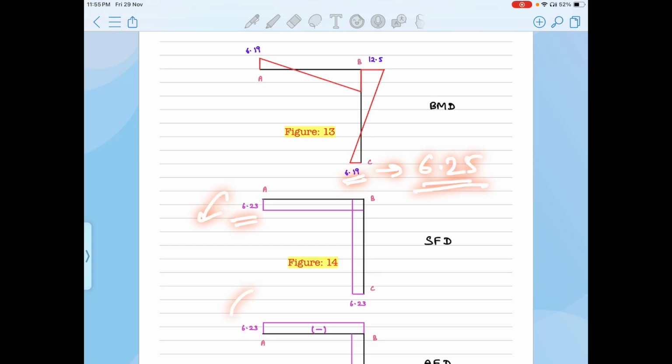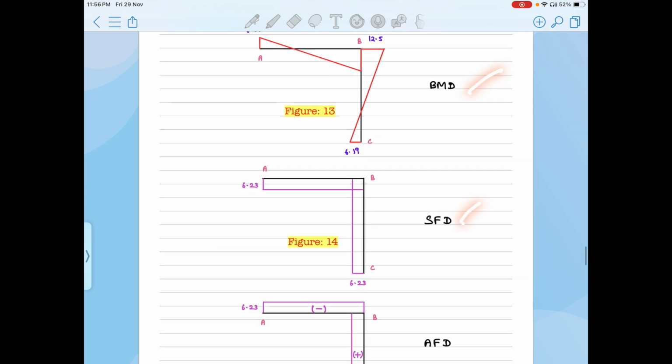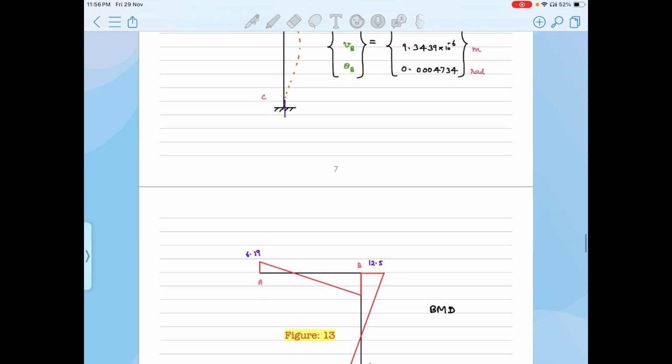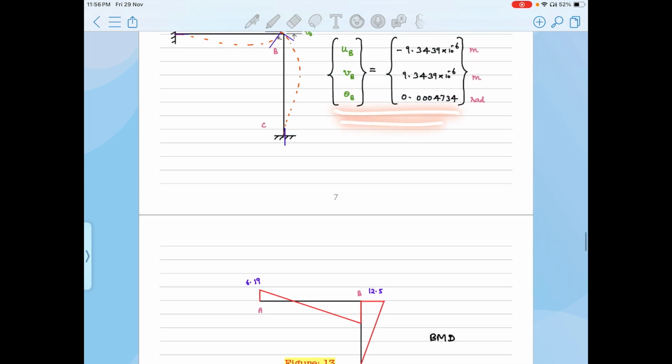Similarly, these are contrasted with again a value of 6.25, while here we get 6.23. So the bending moment diagram, shear force diagram, and axial force diagram don't differ much when we contrast them with the case wherein we ignore the axial deformations, including the rotation. That's the message I wanted to convey here.